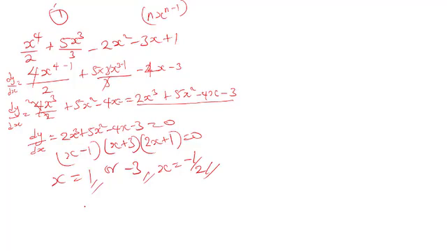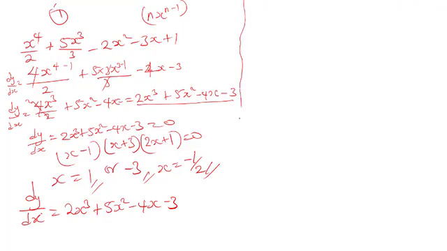Now I want us to test if it's a minimum or a maximum, but remember that dy/dx is equal to 2x³ + 5x² − 4x − 3. At the turning point, if you want to remember the rule of a maximum and minimum point, we have to get the second derivative, and our second derivative can be calculated using the above stated equation.